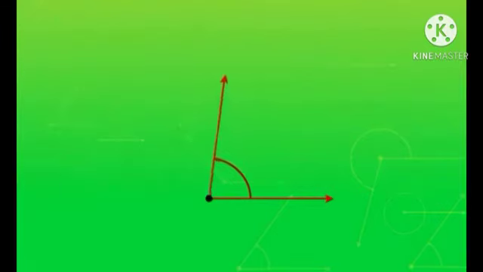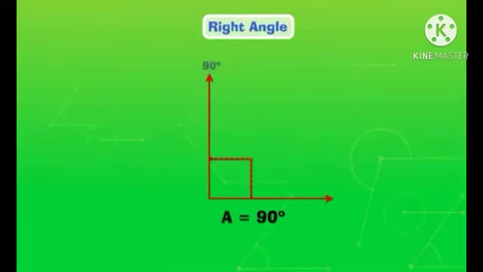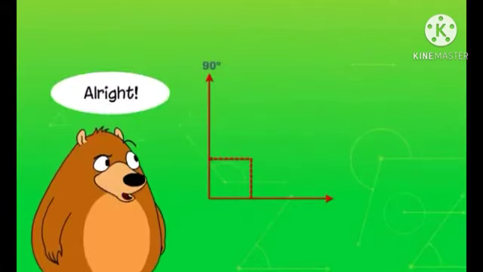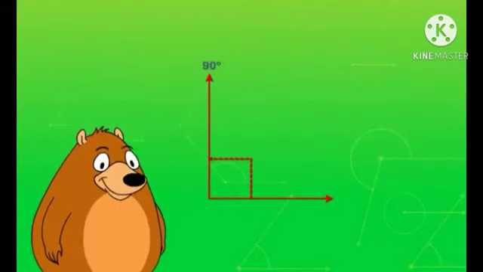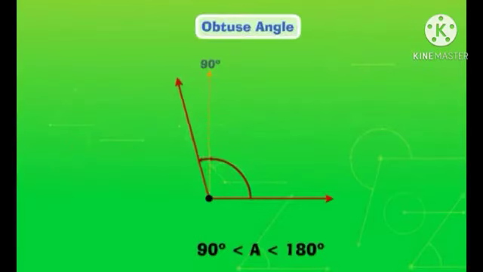An angle whose measure is 90 degrees is called right angle. Right angles are larger than acute angles. Obtuse angles are greater than right angles. They are greater than 90 degrees and less than 180 degrees.